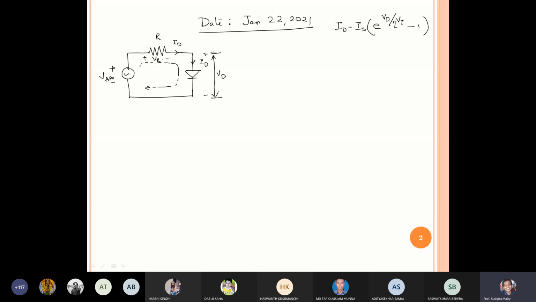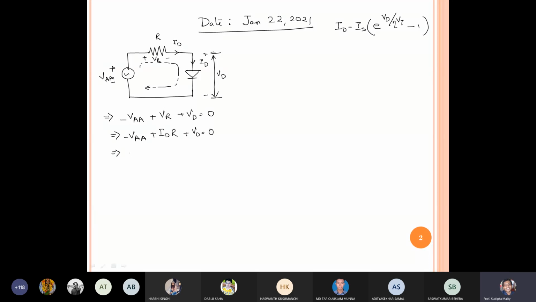Now if I apply KVL, then I can write minus VAA plus VR, then again plus VD, that should be 0. So I can write minus VAA plus ID into R plus VD equal to 0.